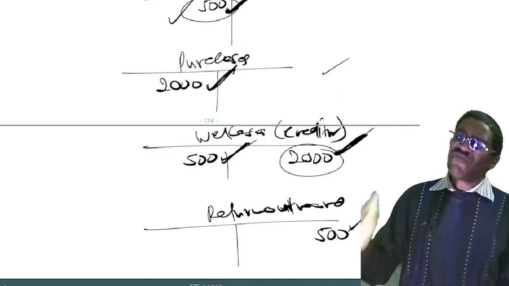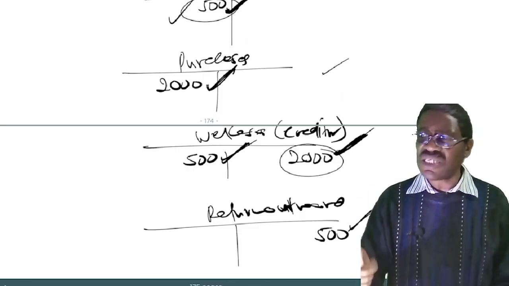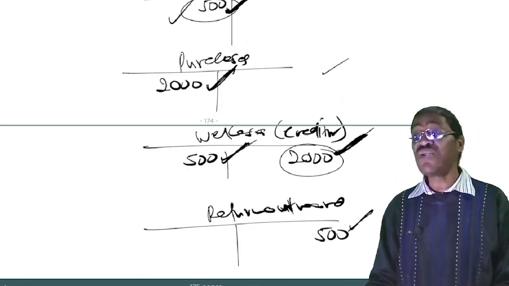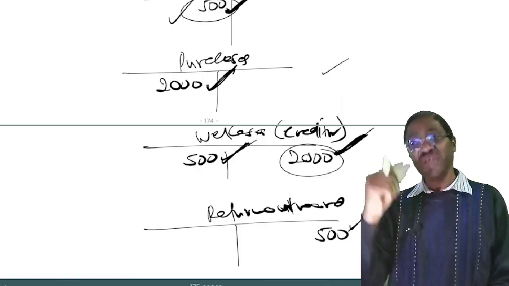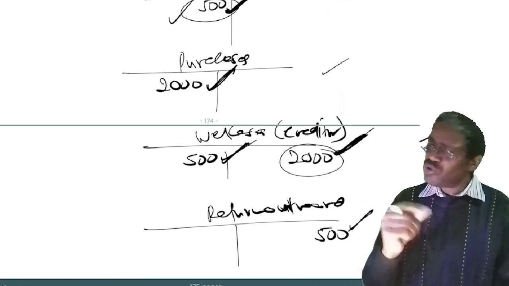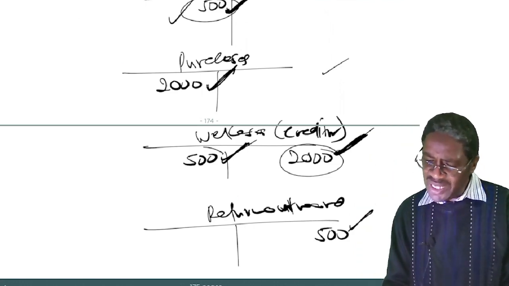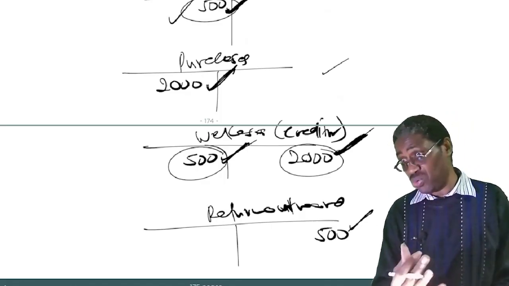Now, if for whatever reason, we as a company are returning some of the goods to Wekesa, then we need to reduce what we owe Wekesa. To reduce what we owe to Wekesa, we come and debit. Whenever liability reduces, you debit. That's a rule. Okay?